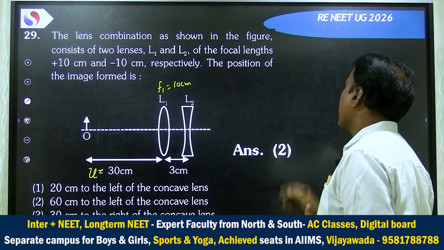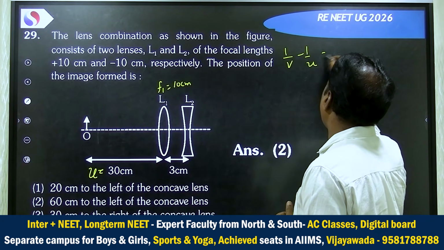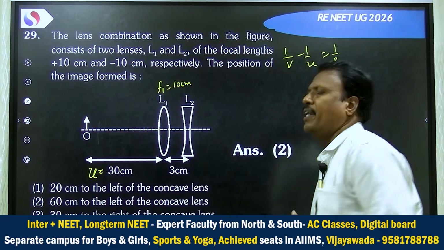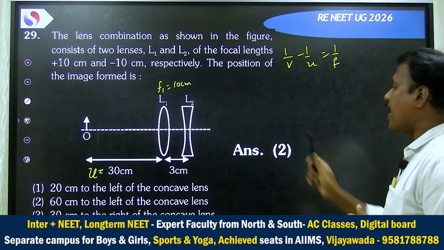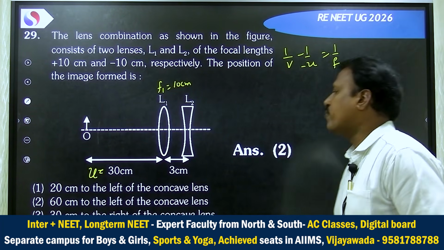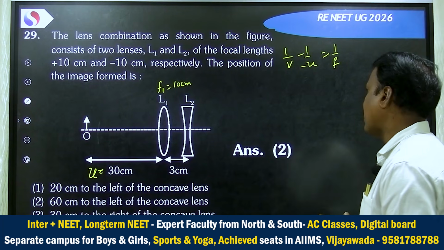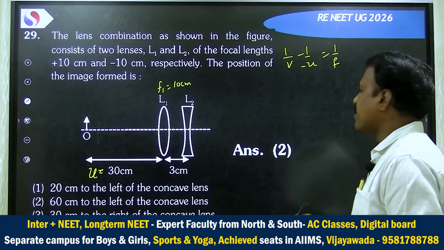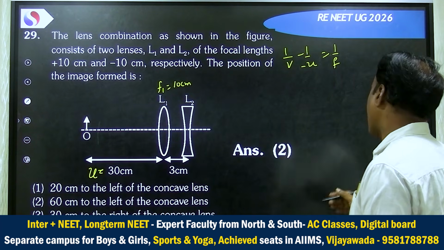You can make best use of the lens formula 1 by v minus 1 by u equal to 1 by f. As per this problem, u is on the left side, which we need to measure opposite to the direction of incident light. From that it is minus, and focal length is plus because it is a convex lens.